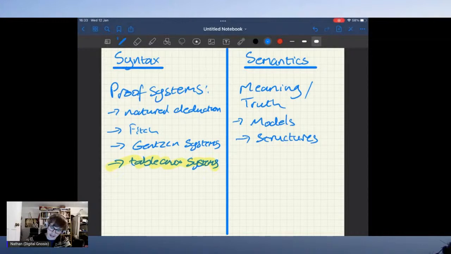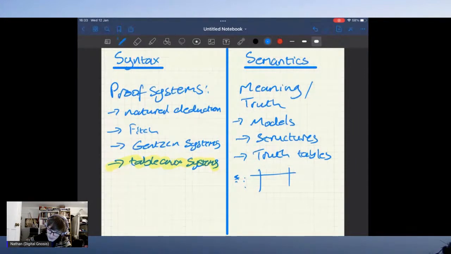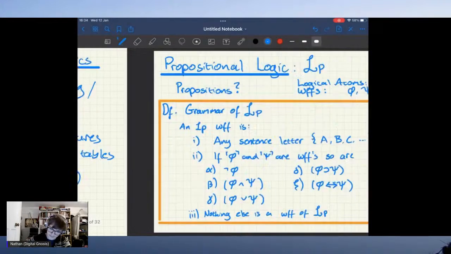Maybe you've come across truth tables before. In a truth table, you have these rows, and each of these rows is going to be a different structure, or a different model. As you read across, each of these is going to be a different model with a different assignment of truth to each of those rows.